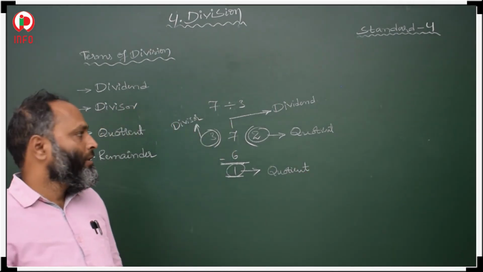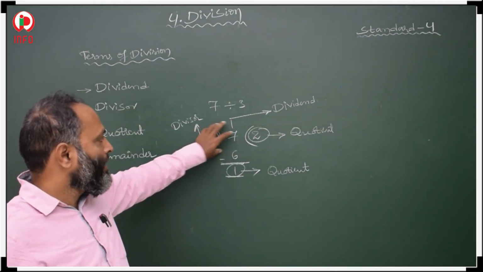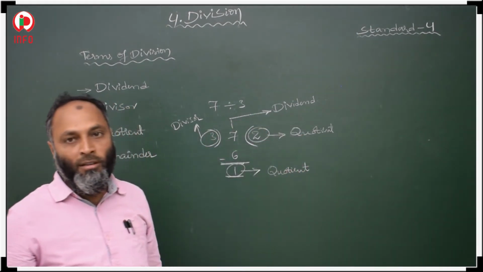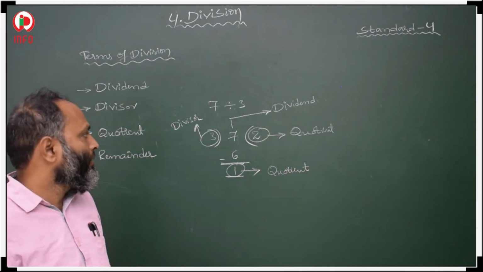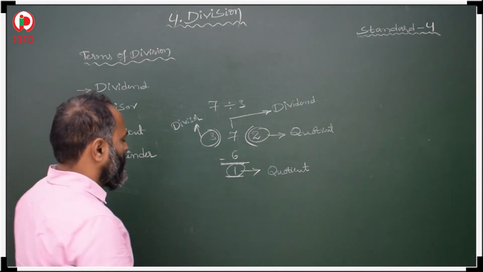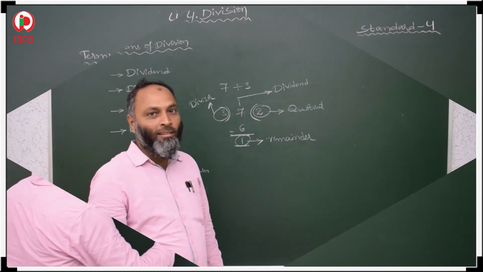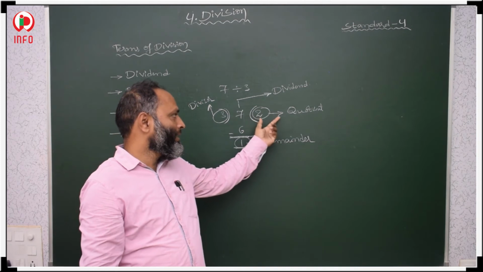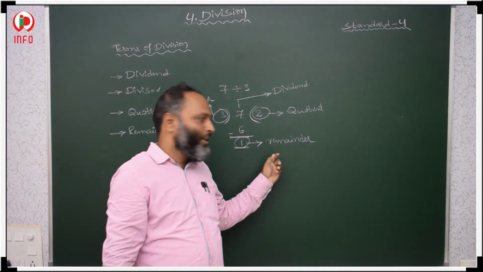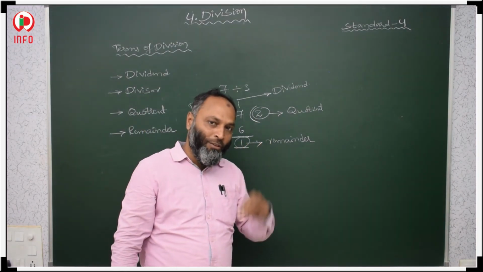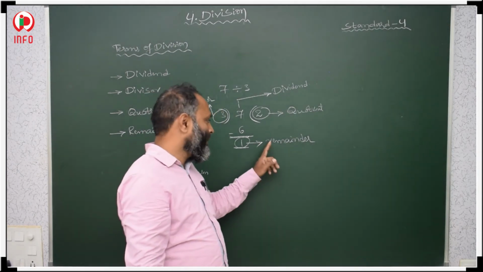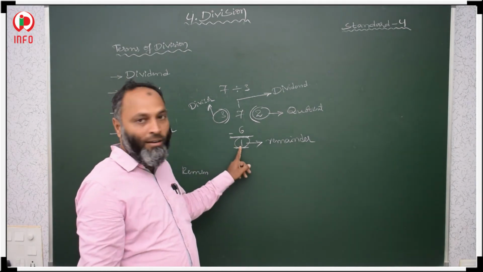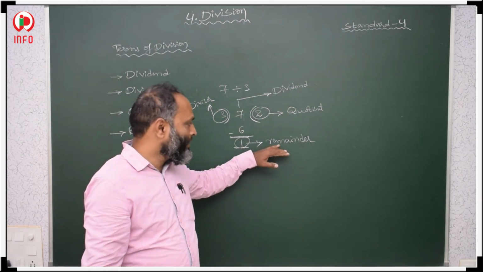So these are the 4 terms: this is the divisor, this is the dividend, this is the quotient, and this is the remainder. Here 1 is the remainder, we are left with 1.